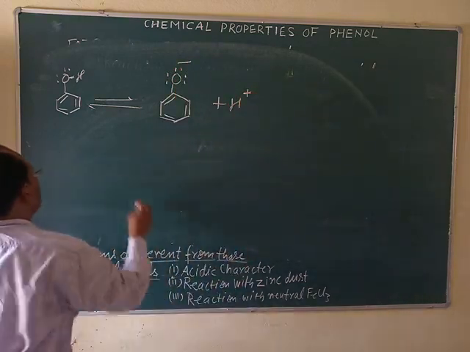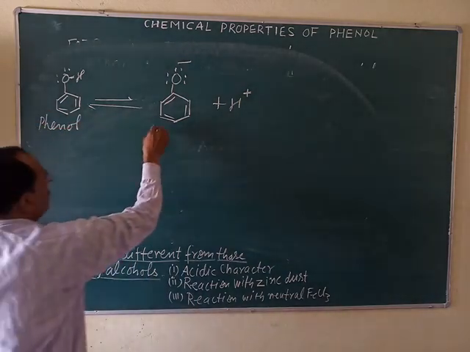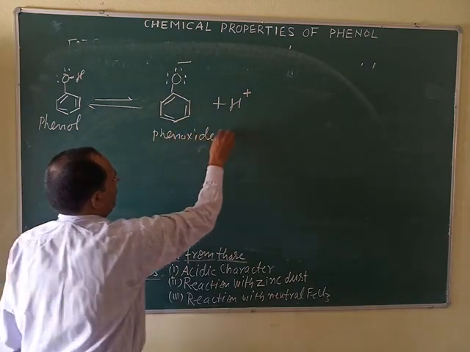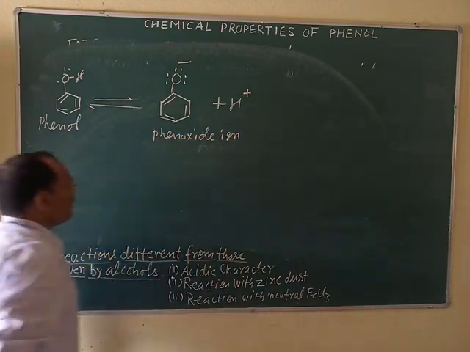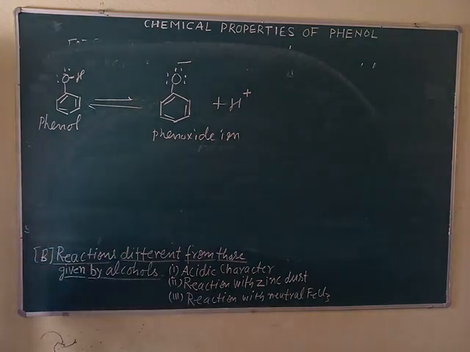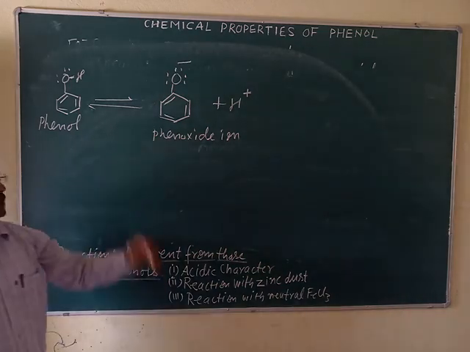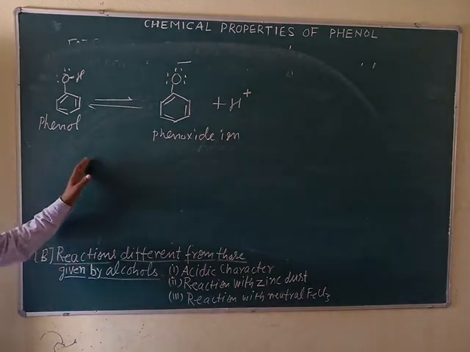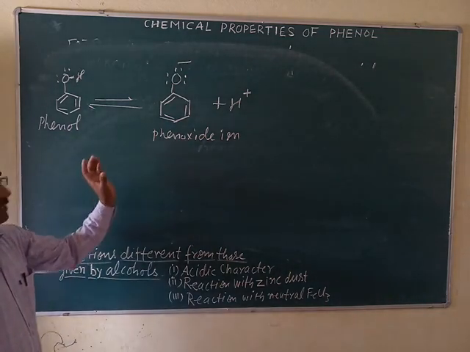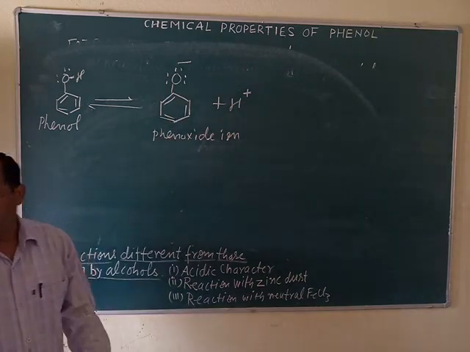This is phenol and this is the phenoxide ion. Any substance which can lose hydrogen as a proton is called an acid. Phenol also loses hydrogen as a proton. That's why it is an acid. But its acidic strength depends on the stability of the phenoxide.